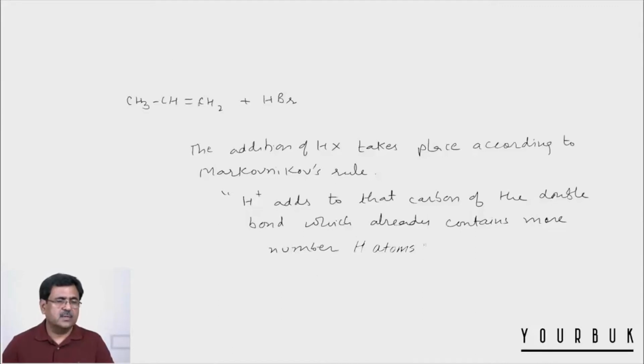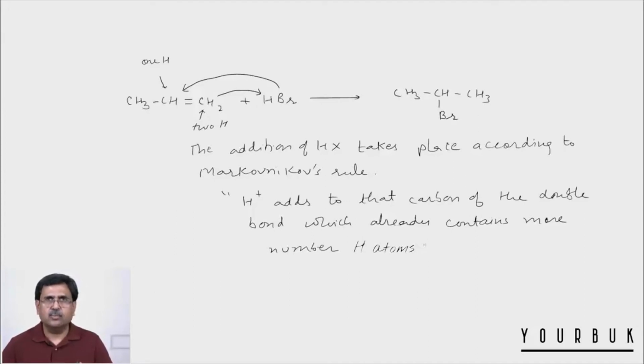So in this case, this carbon contains 2 hydrogen atoms. This carbon contains 1 hydrogen atom. So according to Markovnikov rule, we add H positive to CH2 carbon and we add Br negative to CH carbon. So this reaction gives 2-bromopropane as the major product.